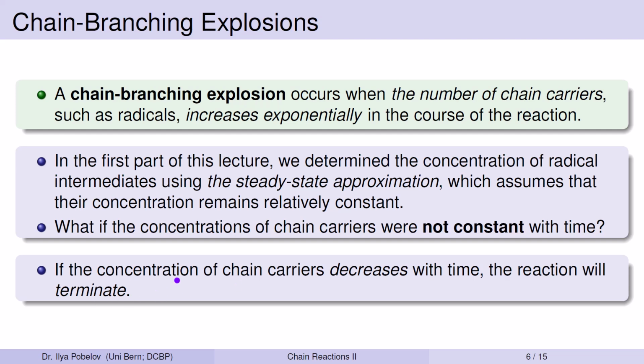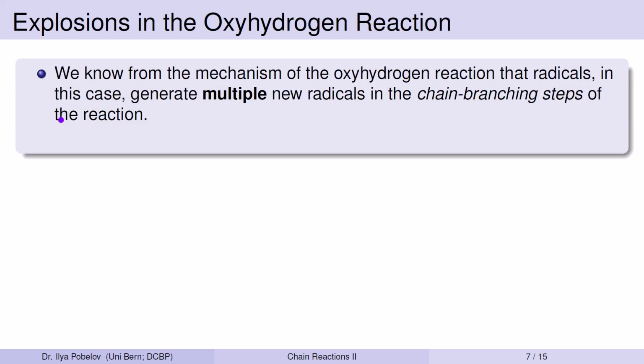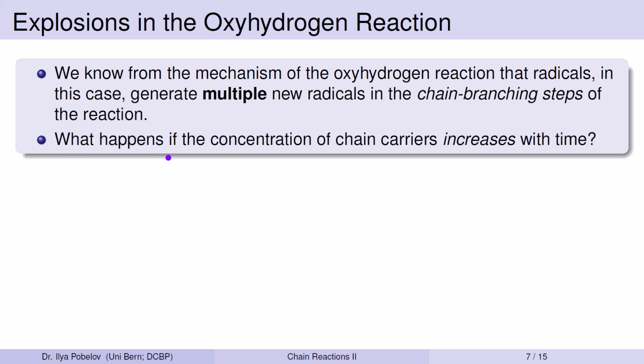If the concentration of chain carriers decreases with time, the reaction will terminate. We know from the mechanism of the oxyhydrogen reaction that radicals, in this case, generate multiple new radicals in the chain branching steps of the reaction. What happens if the concentration of chain carriers increases with time?